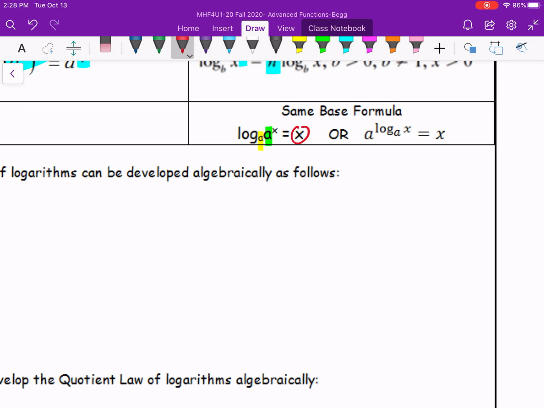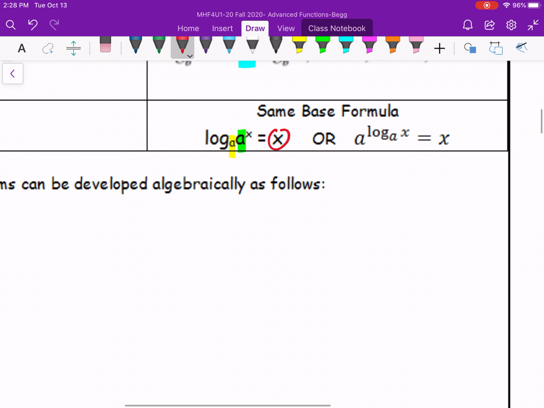So it's like those two bases cancel each other out, just leaving the x. Or to turn that around a bit, if I have a power that's raised to the exponent of a logarithm, then again we have these two bases canceling each other out, the a base of the logarithm with the a base of the power, and again, we're just left with x. So it's like we're combining the inverses together, where all we're left with is x.